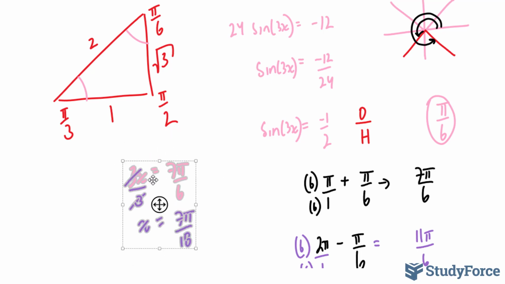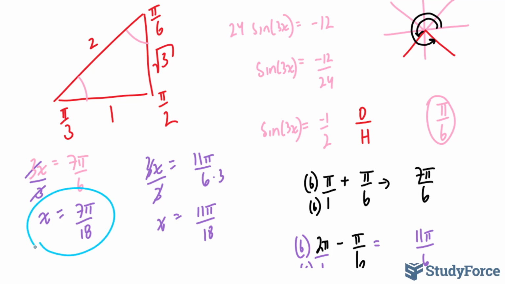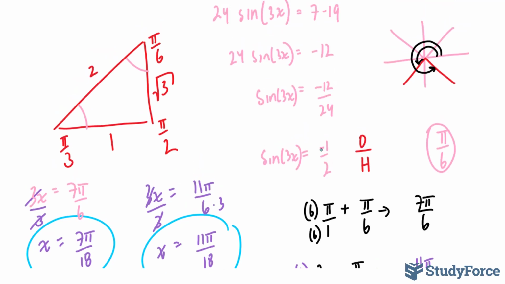And similarly, we're going to do the same thing for this angle, we're going to take 3x is equal to 11 pi over 6. Dividing both sides by 3, we end up with 11 pi over 18. So therefore, x is equal to this number and this number. Both of these will give us negative 1 over 2.